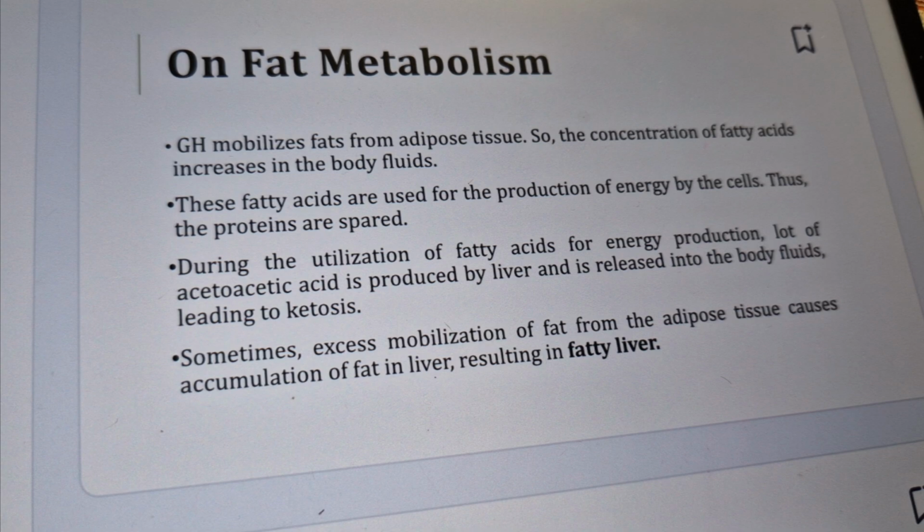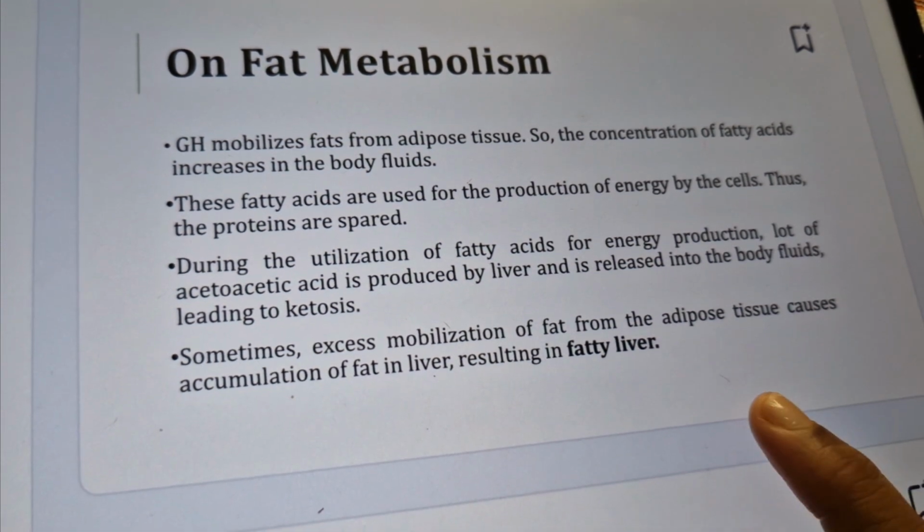In diabetes mellitus, you can see diabetic ketoacidosis, because in diabetes patients glucose is there but can't be utilized, so fatty acids are used to produce energy. The utilization of fatty acids starts producing acetoacetic acid. This leads to ketoacidosis.